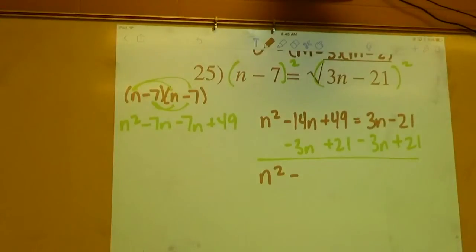Negative 14 minus 3. That would be 17. Negative 17n. And then 49 plus 21. 70? 70. Yay! Good.